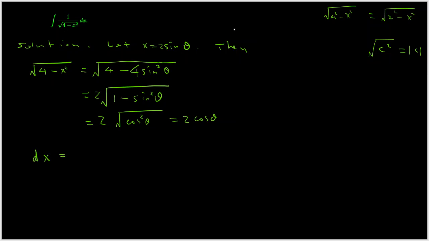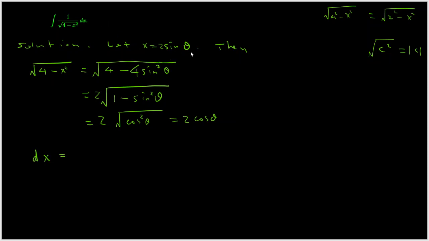Again, we want to convert everything in terms of the new variable theta. So this is a different type of substitution. When I was at university, we just called it type 2 substitution, but I don't think anybody says it that way anymore.